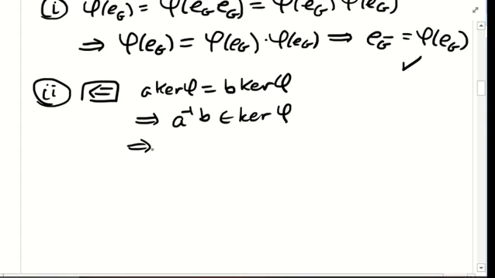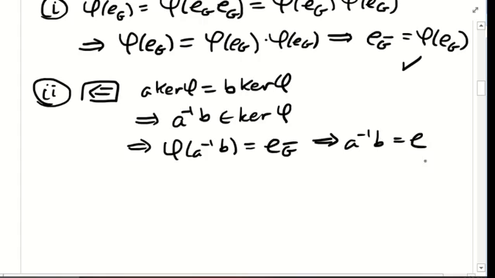Okay, so that means that phi of A inverse B is the identity. Okay, but that's by property 1 if this is equal to the identity.